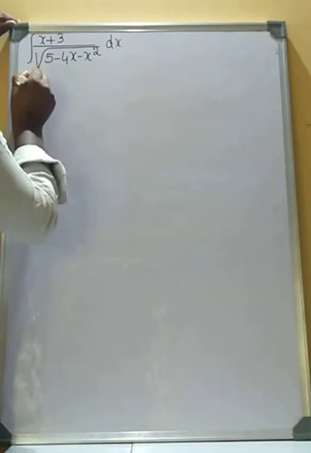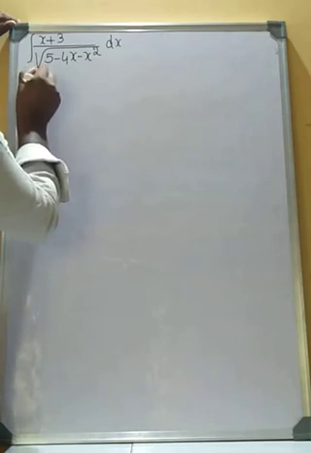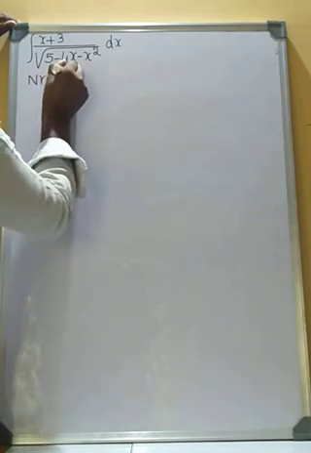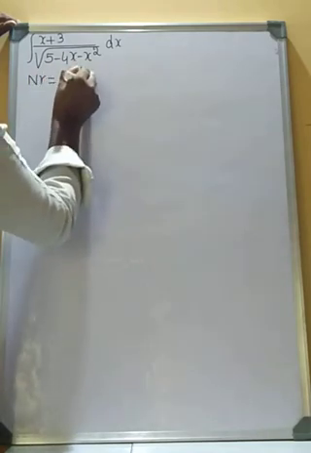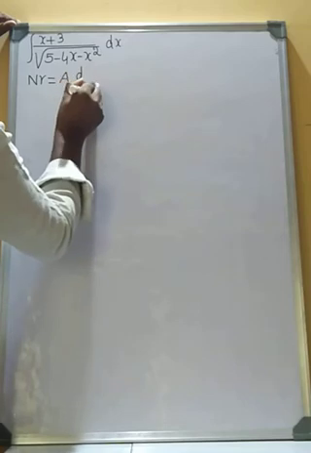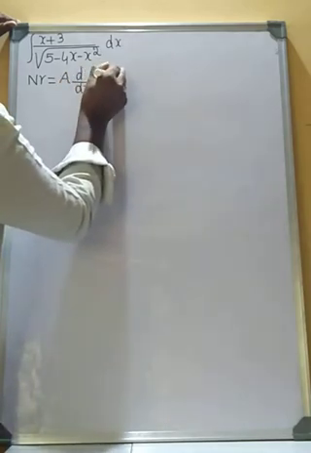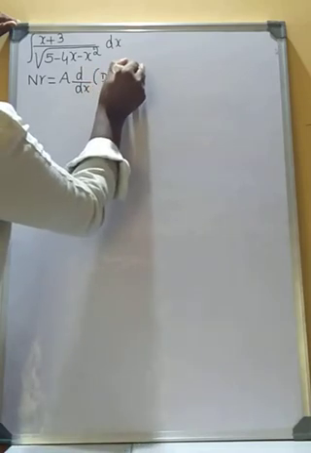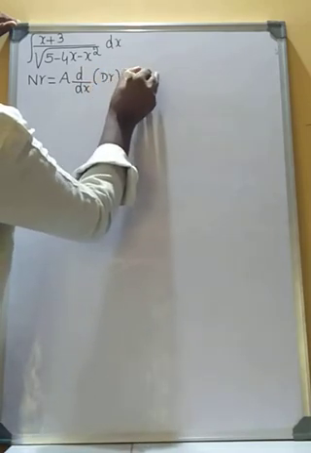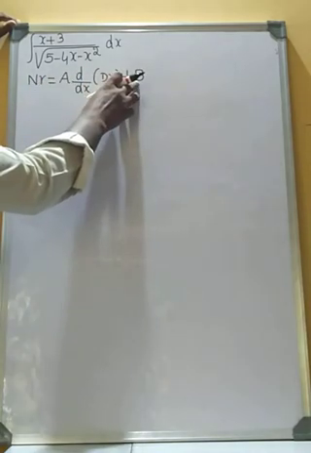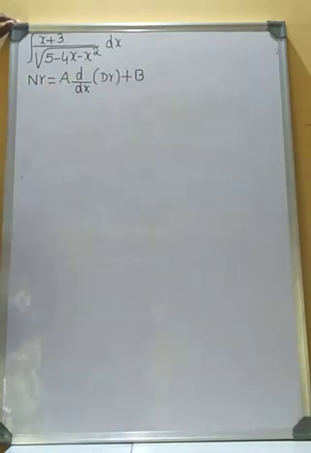So let numerator equals a into derivative of, that means d by dx of denominator, plus b, where a and b are constants.